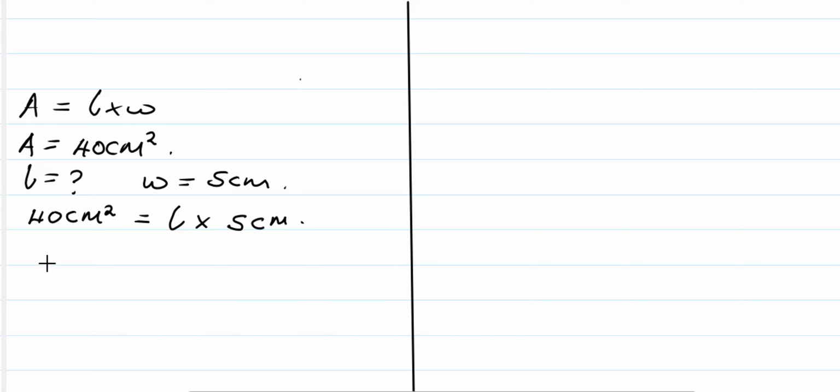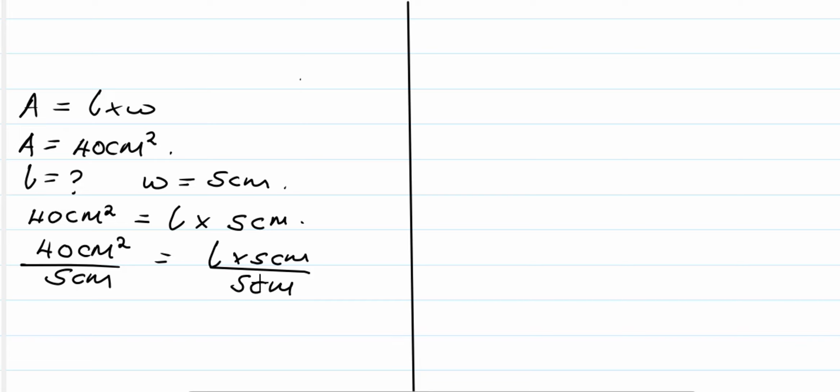So to get the length, we need to divide both sides by 5 centimeters. So I'll take 40 centimeters squared divided by 5 centimeters is equal to L multiplied by 5 centimeters divided by 5 centimeters, so that I can eliminate these 5 centimeters from this side.